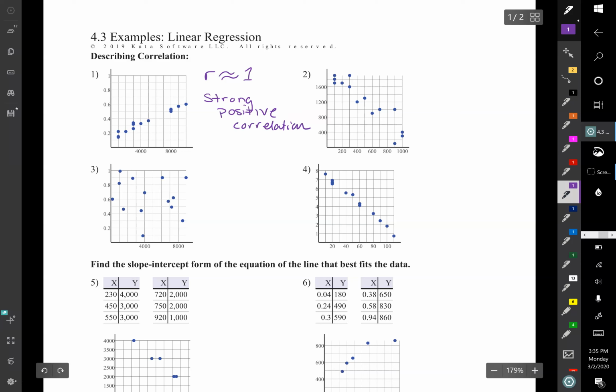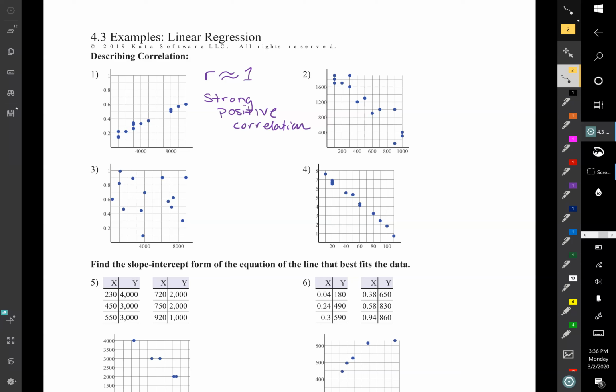Now, if we look at number 2 and did the same sort of thing and dropped a ruler down, you would not have as many dots touching, and they seem to be more scattered about, right? What we also want to notice is that it's going down from left to right. It's descending. So we would say a negative correlation.